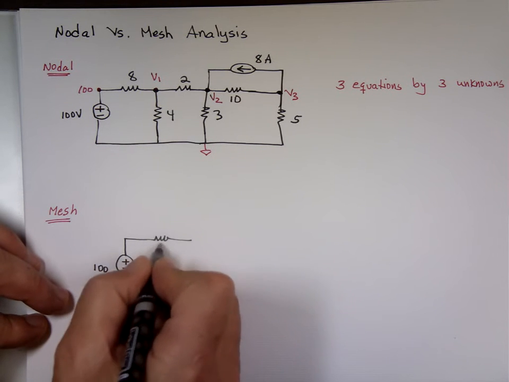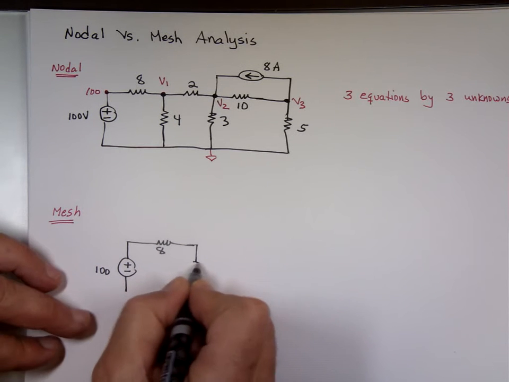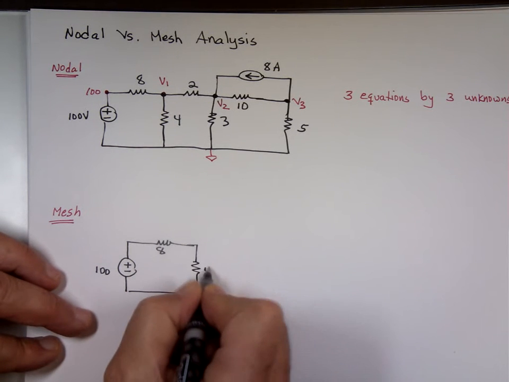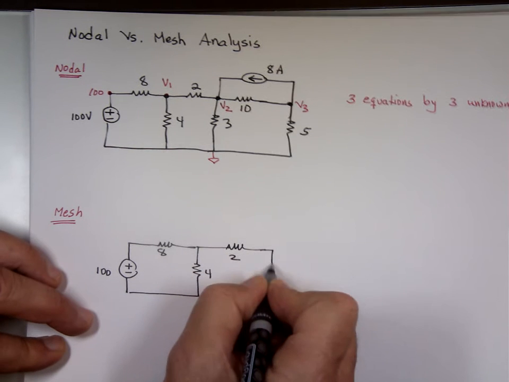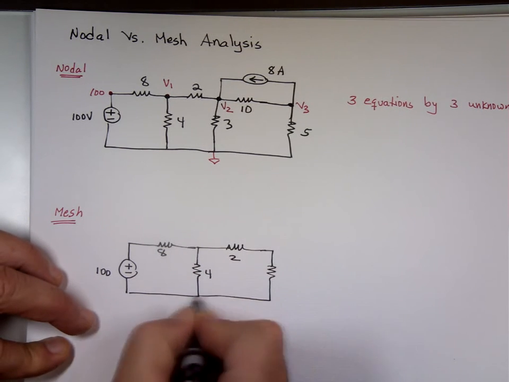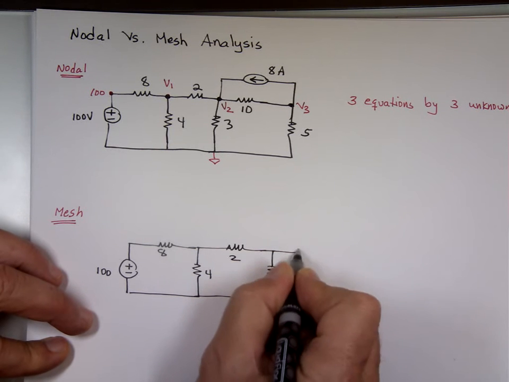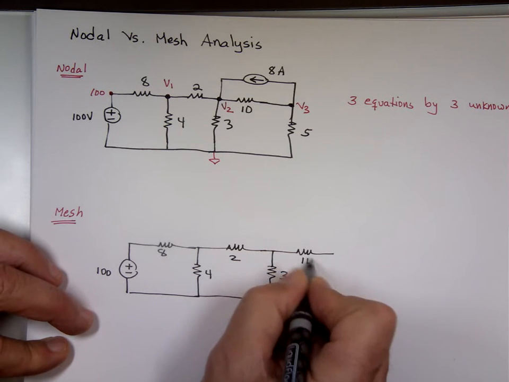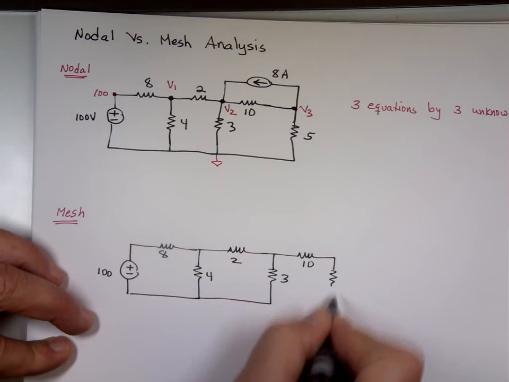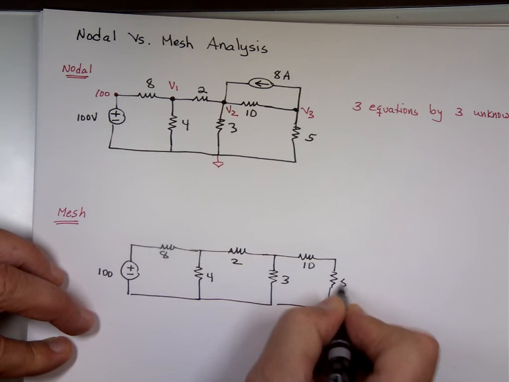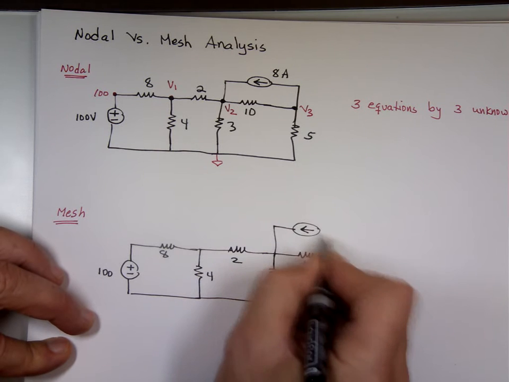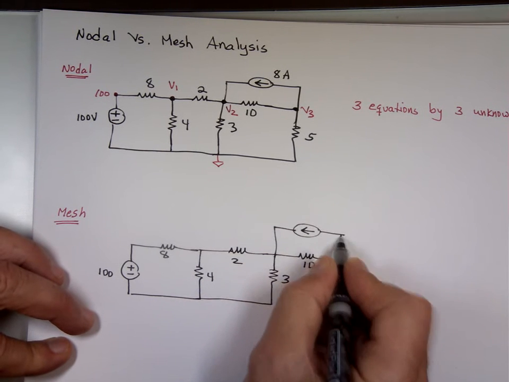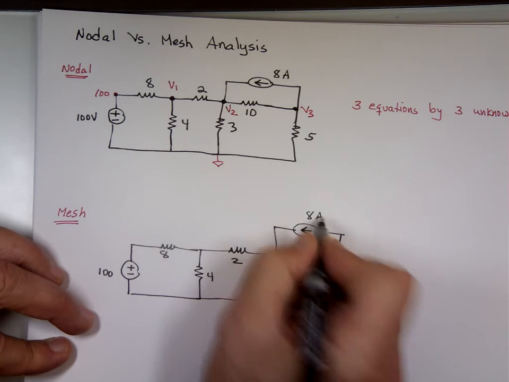I'll redraw the circuit. 8, 4, 2, 3, 10, 5, and this is 8 amps.